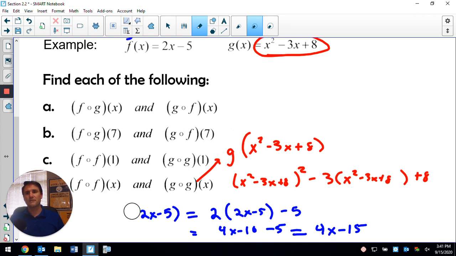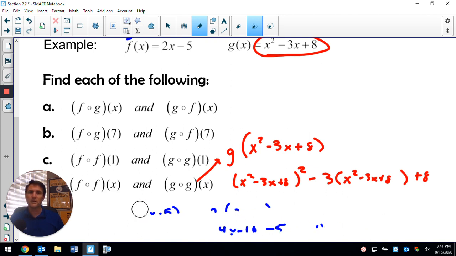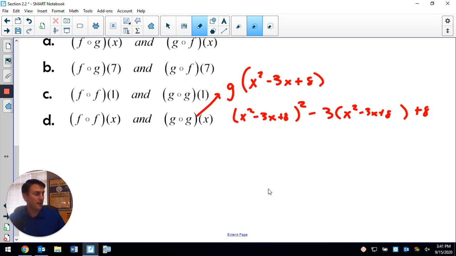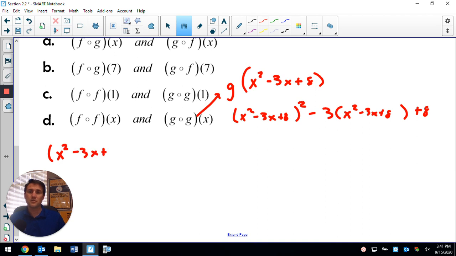So, I'm not going to finish this one. This one is tough. You are going to have to multiply. I'll show you what it's talking about. This first part here is trying to multiply the trinomial times the trinomial.